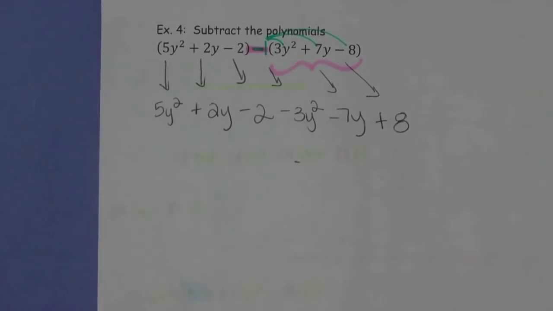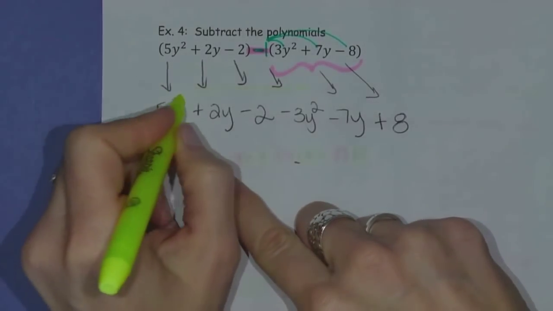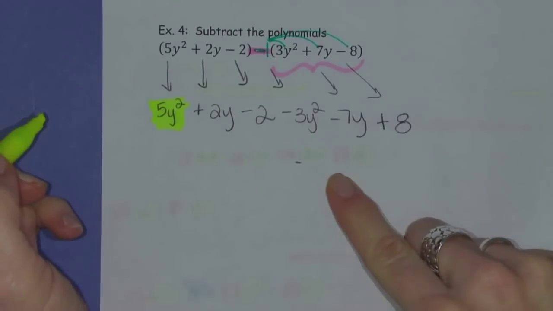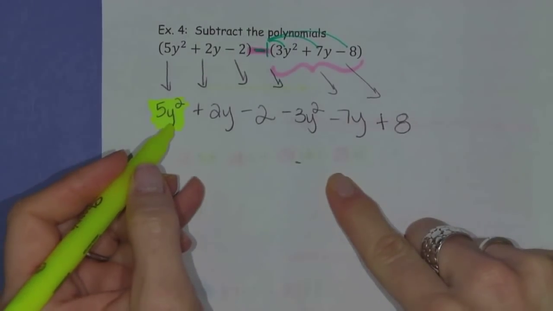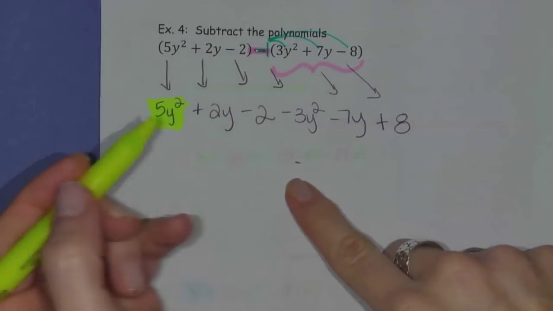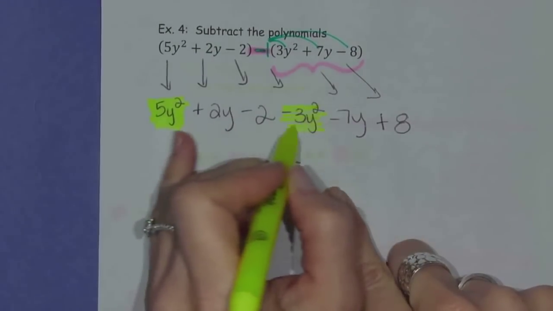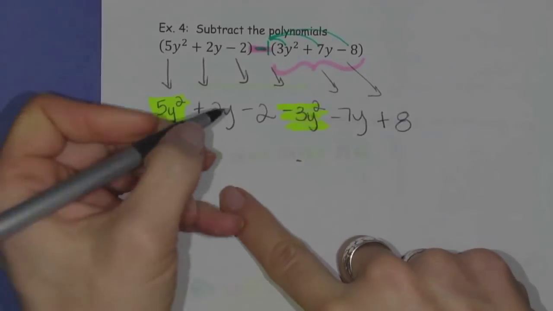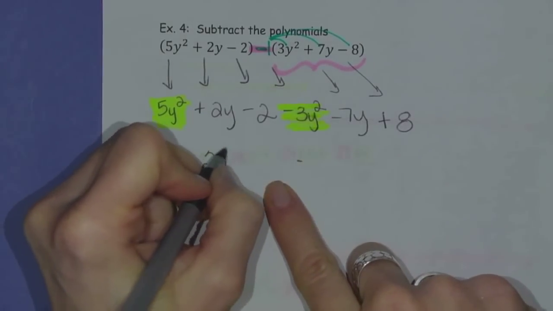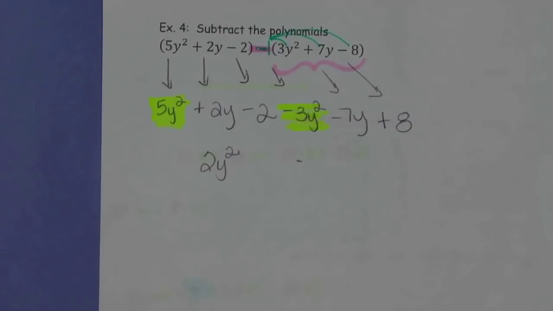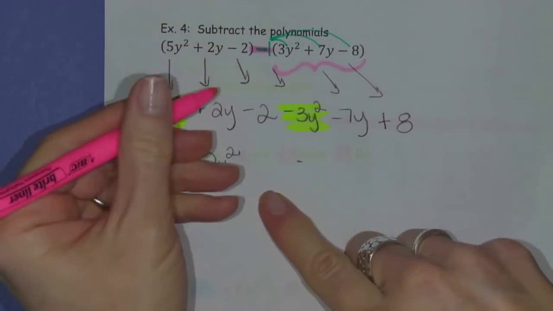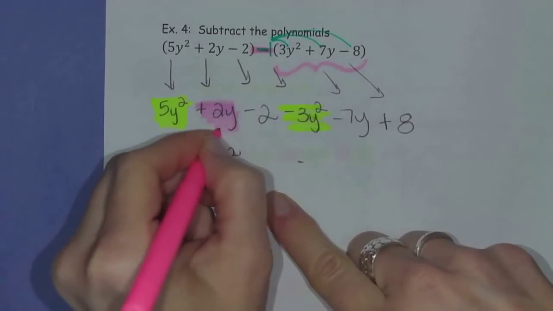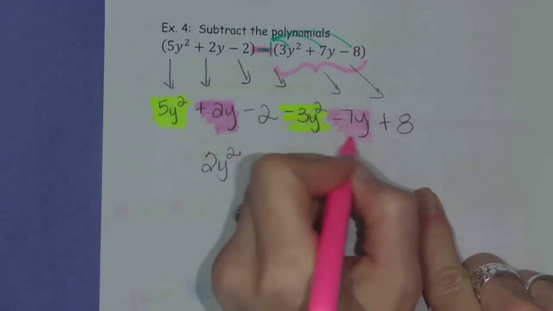And we start to highlight like terms. So I've got a 5y squared. And the only other term that's got the same variable and exponent is right here. Take the sign with it. So 5y squared minus 3y squared is 2y squared. Okay? Now, next we have a positive 2y with a negative 7y.